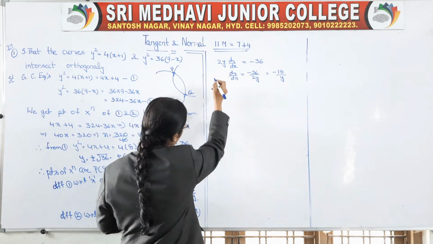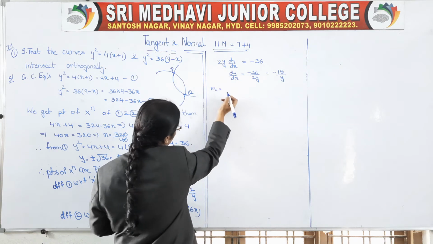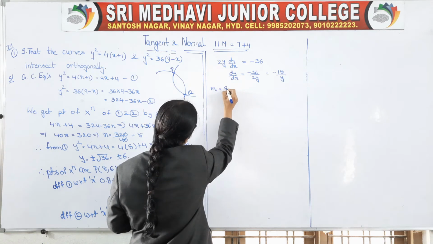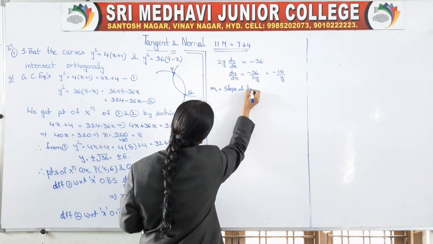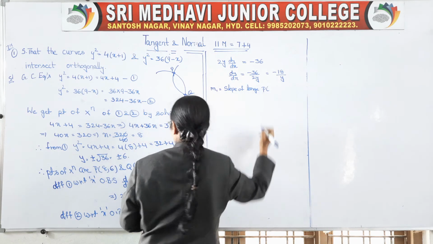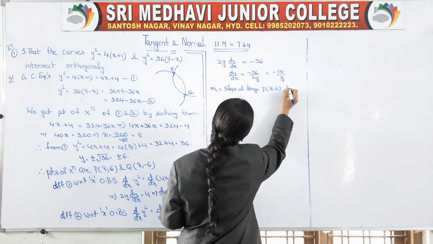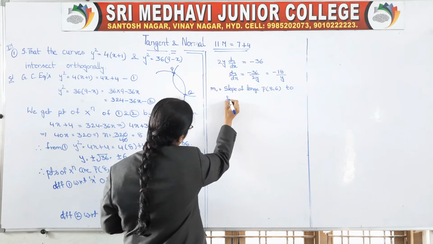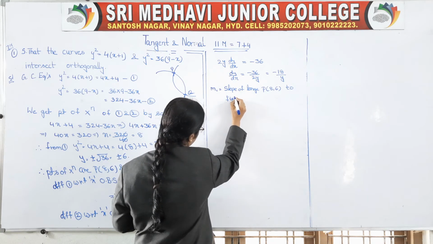So now you take m1 is equal to, what is that? Slope of tangent, at which point? P. What is that P point? P is equal to 8 comma 6, to the first curve.